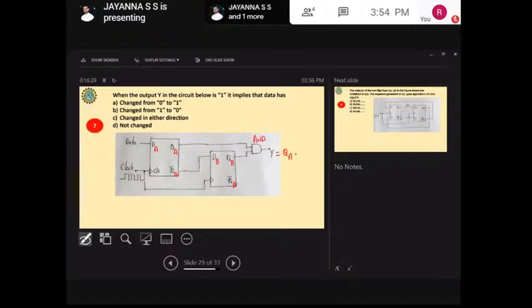Another thing you can see is that DB equals QA bar. Since this is a data flip-flop, DA equals QA.